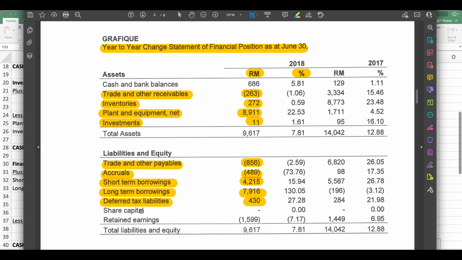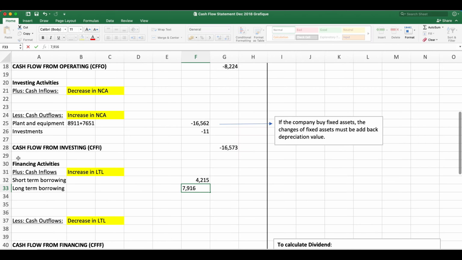So when the amount is increased, it is the same as liability. Meaning to say they have not paid yet. So that is an inflow to the company. So we are going to record the deferred tax liabilities, increased by 430, as an inflow for the company.